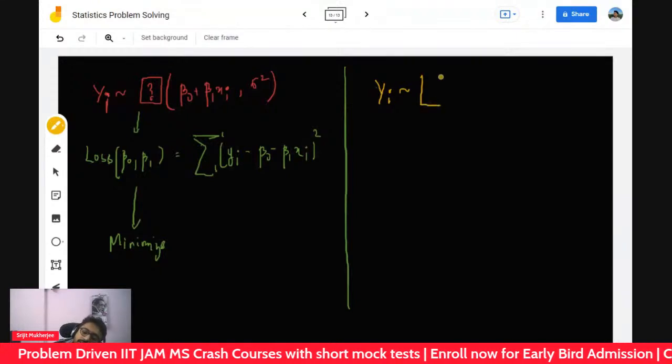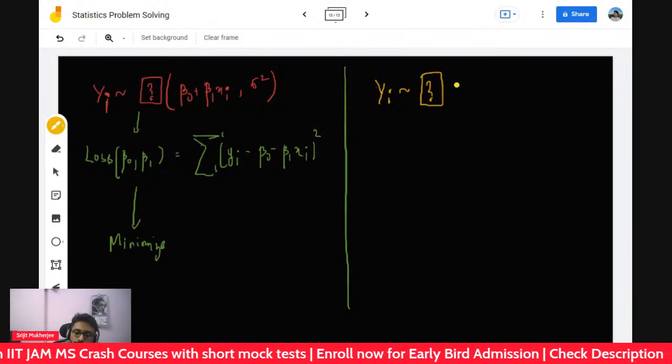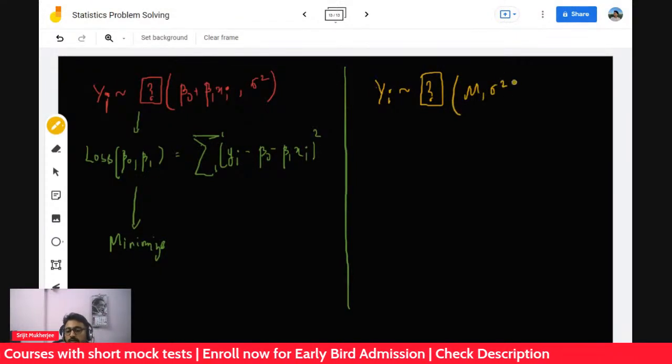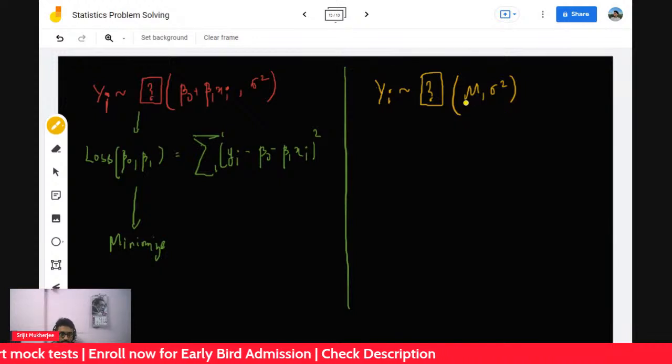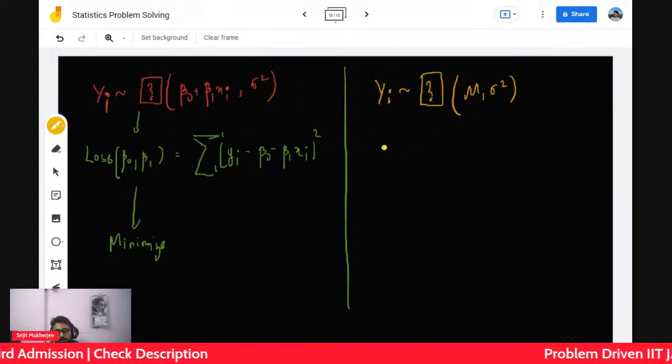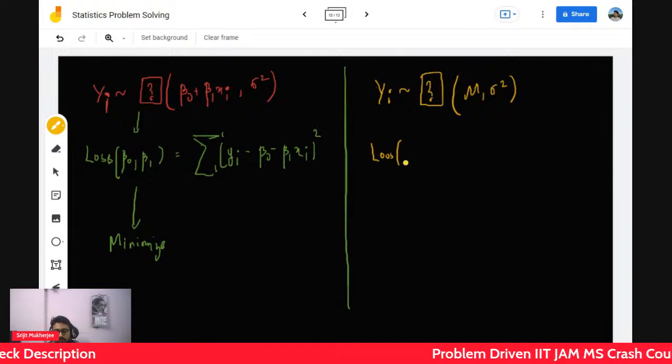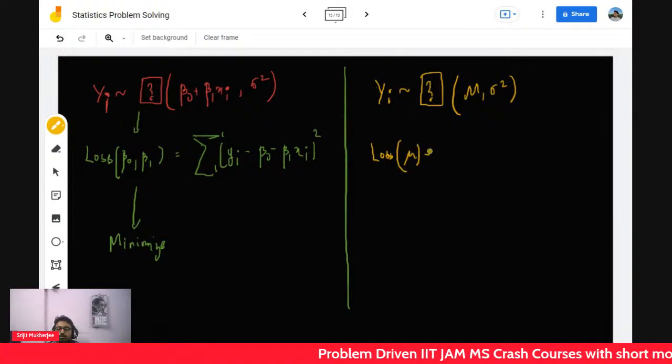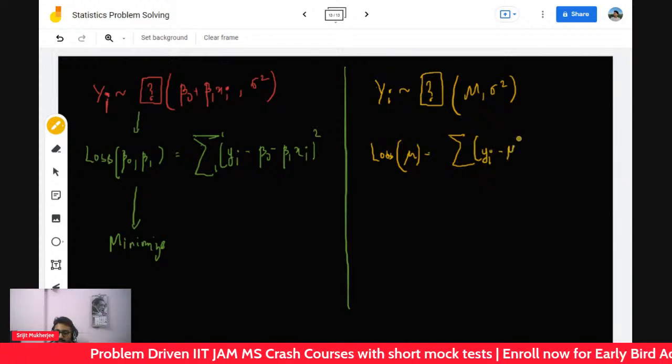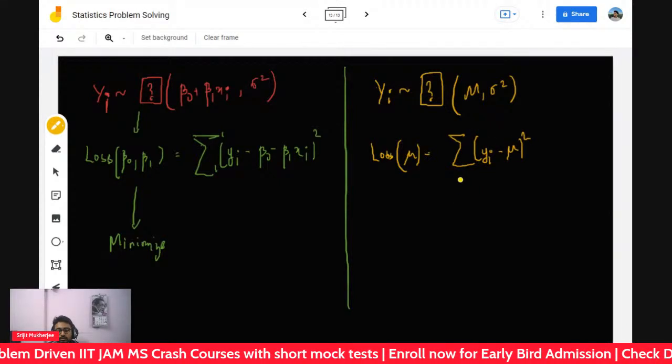Yi follows a certain distribution with mu and sigma square. Here the parameter is mu, so beta naught and beta 1 in the earlier case. Here the loss function can be defined as a function of mu as the summation of (yi minus mu) whole square.